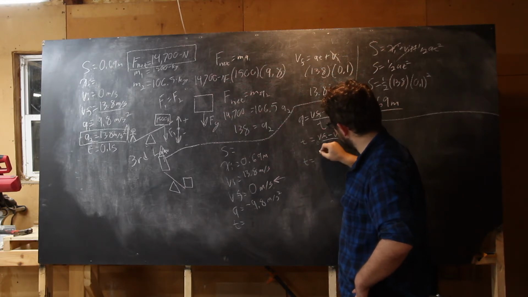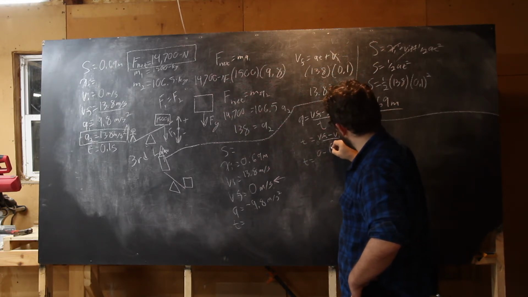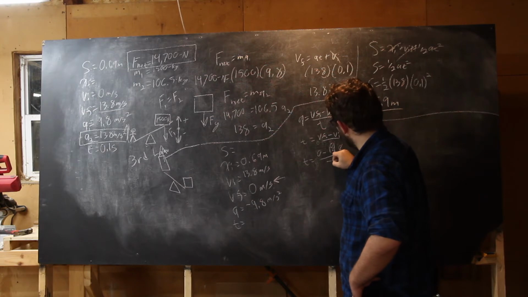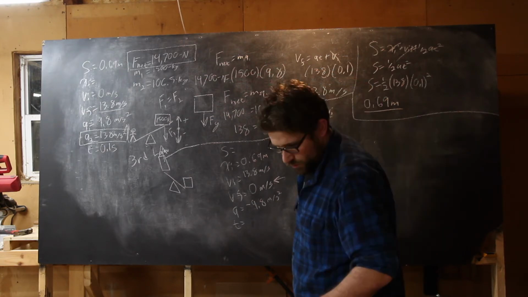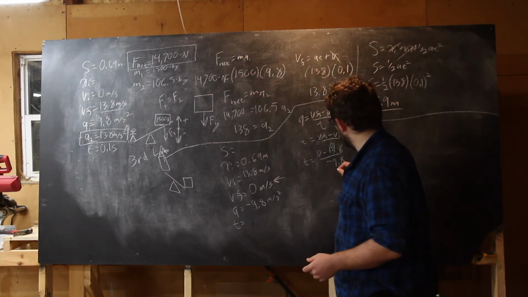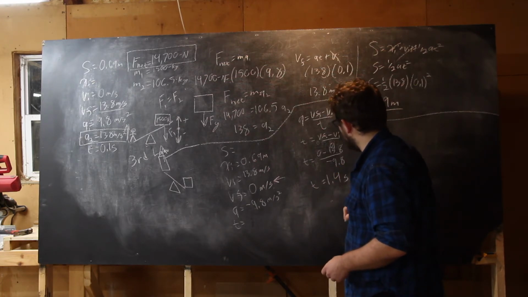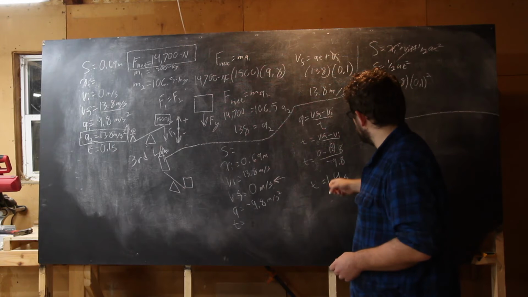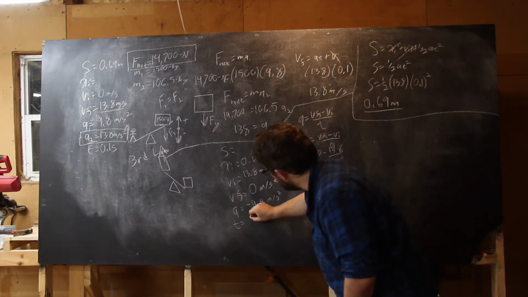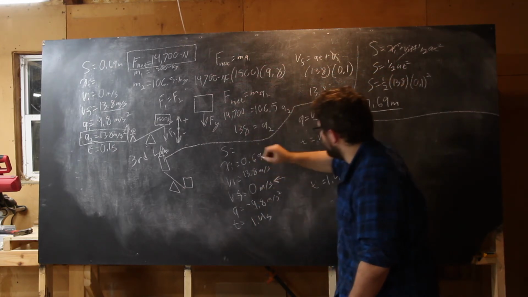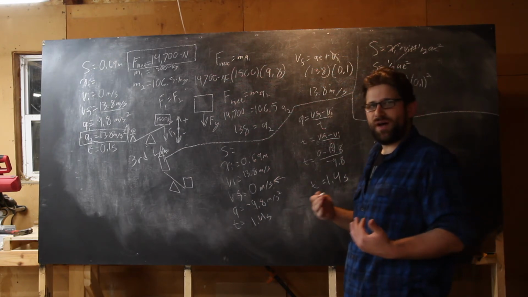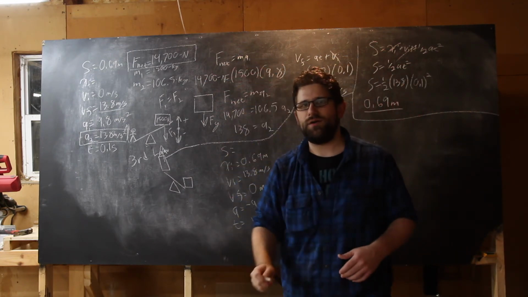So T is going to equal 0 minus 13.8 over negative 9.8. And that's going to give me a nice healthy 1.4 seconds. It's equal to time. So then let's plug this 1.4 in, and we'll find our final S. We'll find my final height before I come crashing back down into the earth.